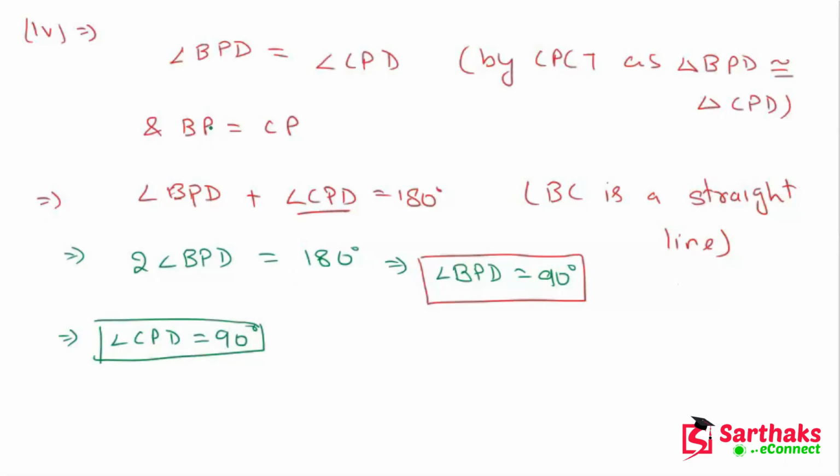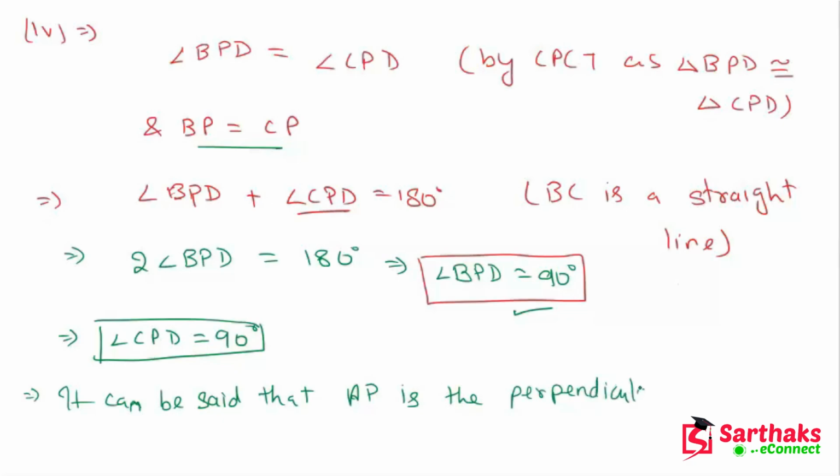So now from this condition and from this condition, we can say that AP is the perpendicular bisector of BC.